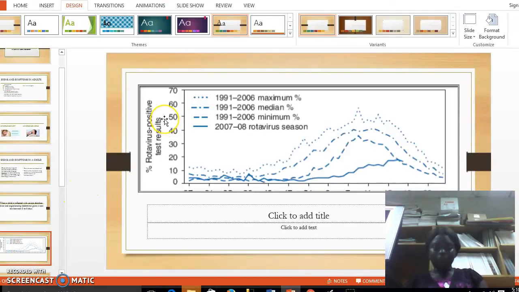This is a projection of rotavirus infection from 1991 to 2006, and you can also see the projection that in 2007 to 2008 it has decreased. So I think there's an improvement, but we need to do more so that we'll be able to get rid of it.